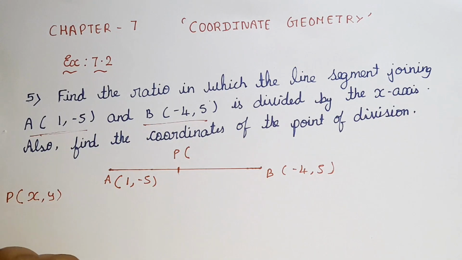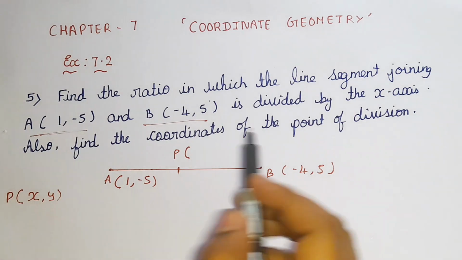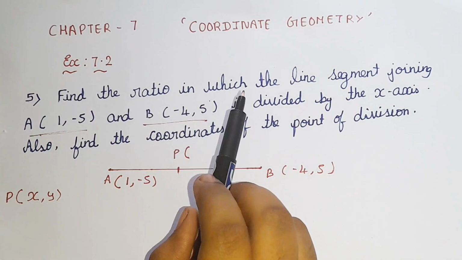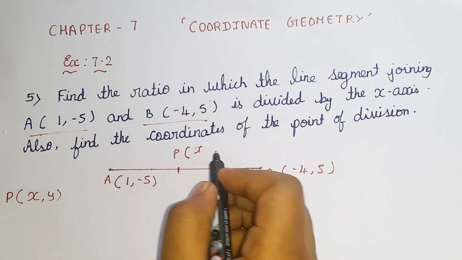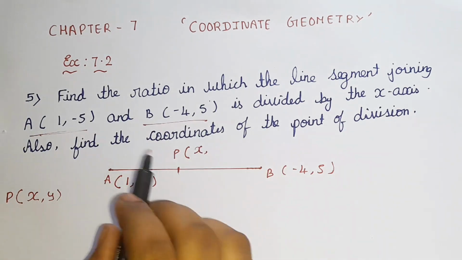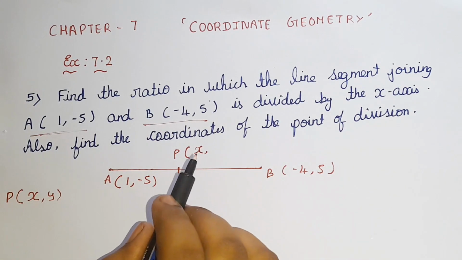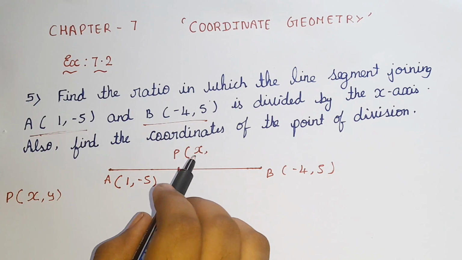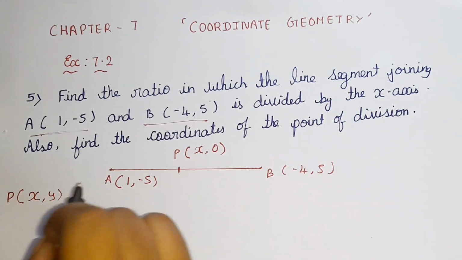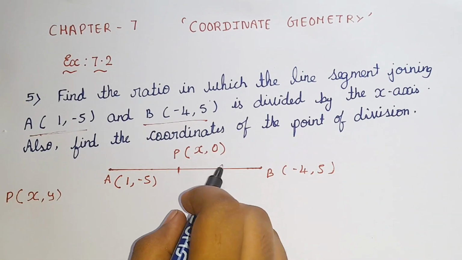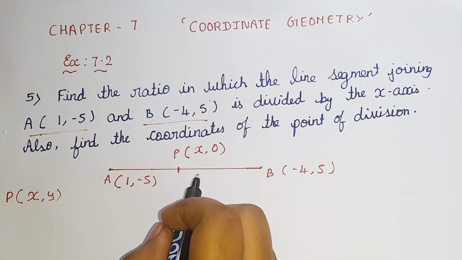Since this line segment is divided by the x-axis, let us write x comma, and they didn't mention any information about y. Since they didn't mention anything about y, we are going to take it as 0. Whenever you don't have information about a particular value, take it as 0.